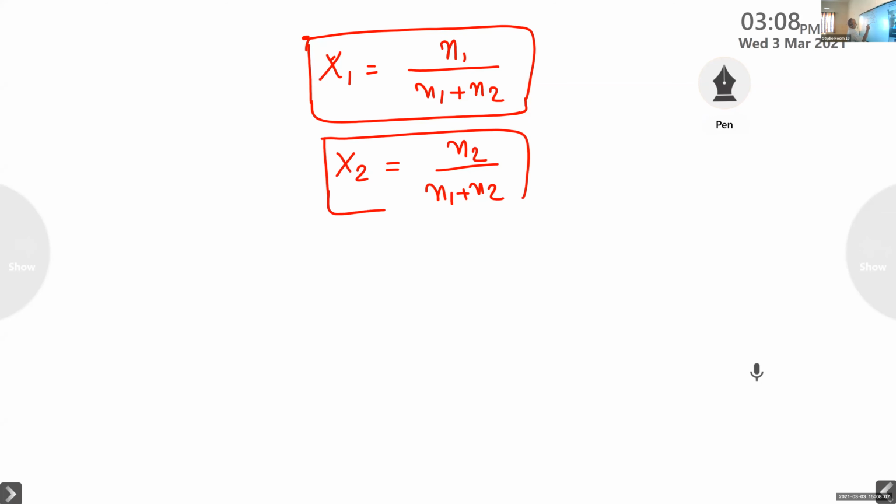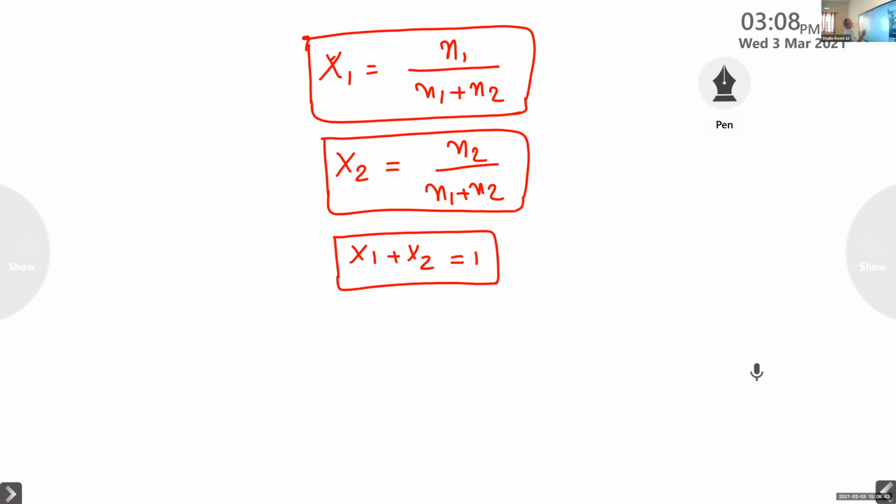Now, we have one more relation, that is x1 plus x2 is equal to 1. If one mole fraction is known, we can easily calculate the second mole fraction from this relation.